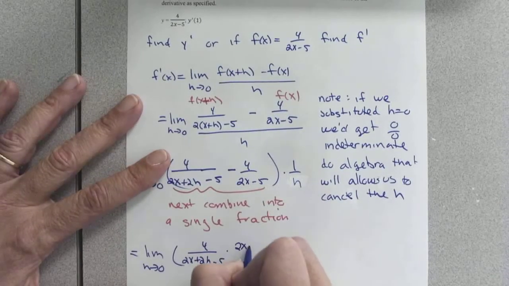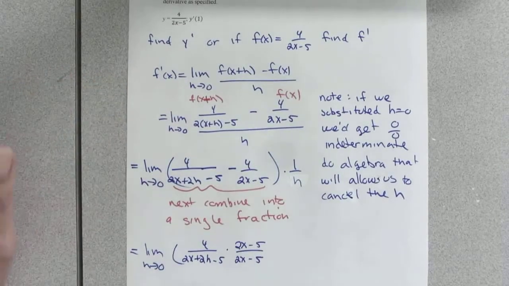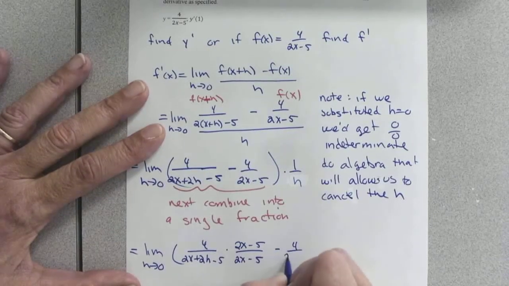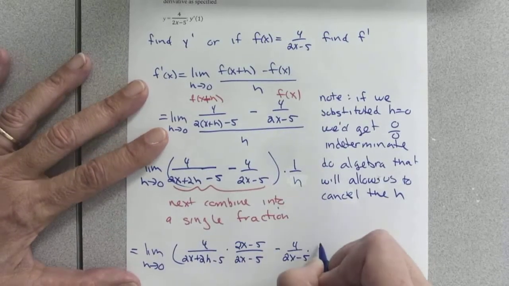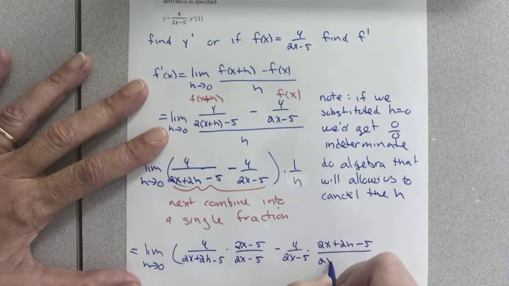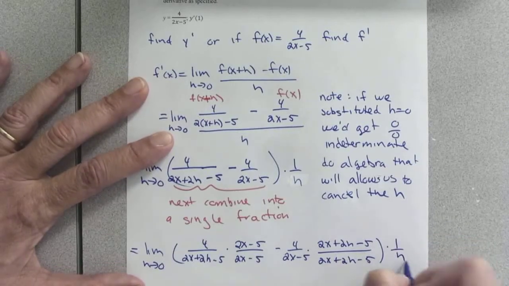The common denominator is going to be the product of the two denominators you see there. So it's going to be 2x plus 2h minus 5 times 2x minus 5. So the first fraction needs the 2x minus 5. Give it to it, top and bottom. The second fraction needs the 2x plus 2h minus 5, so top and bottom, numerator, denominator.